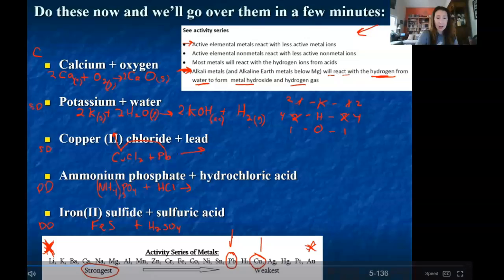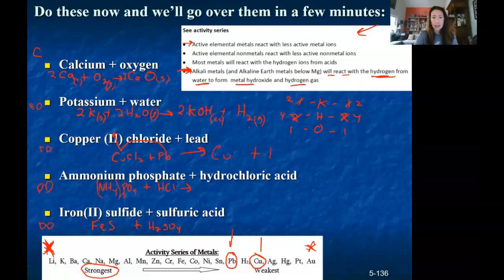So this can occur. So that means that poor copper is left on its lonesome and lead gets to be with chlorine. And I told you in the chat that this is going to be lead 2 chloride. Usually lead is 2 chloride when it's in aqueous. Okay, so in this case, I didn't say this was aqueous.